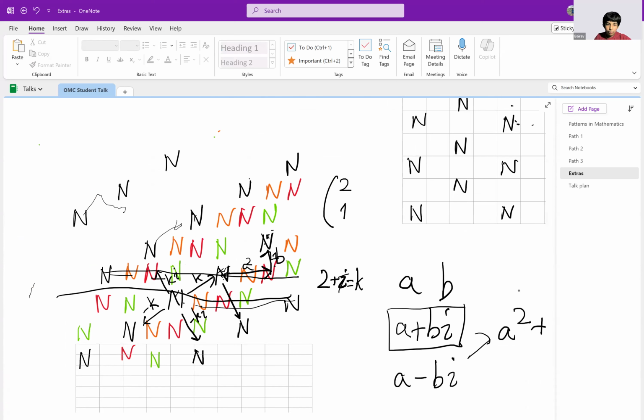We get 2, 1, then minus 1, 2. And then here we get 5. For this one, right? For the colored one.